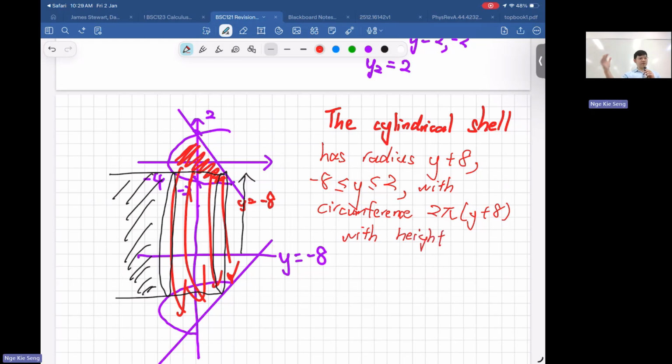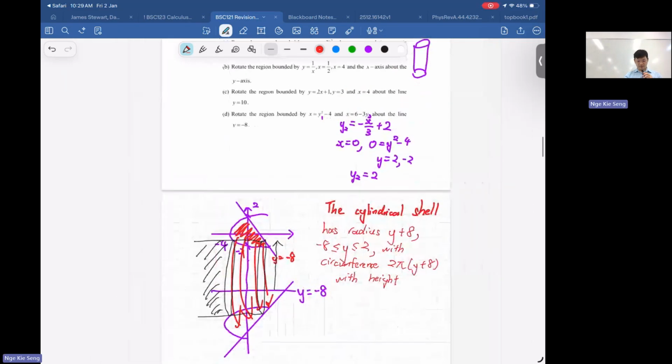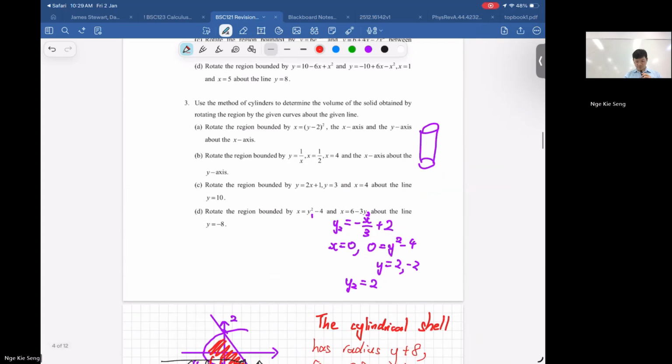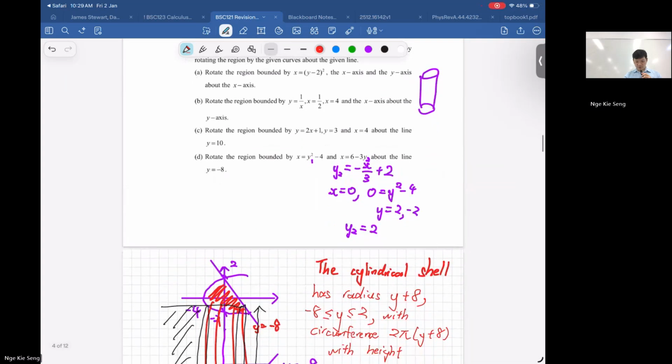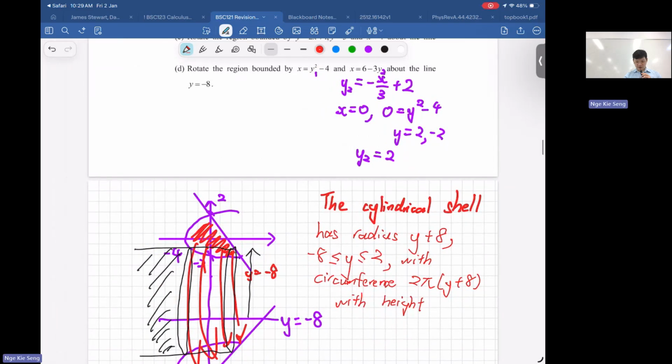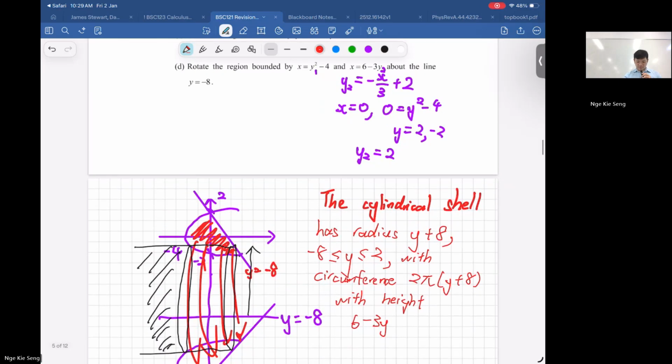You should take the upper bound, which is y2, 6 minus 3y, and then minus the lower bound, which is y squared minus 4.